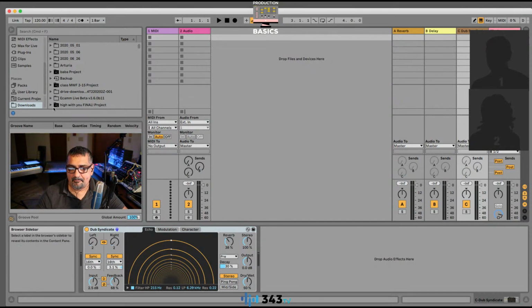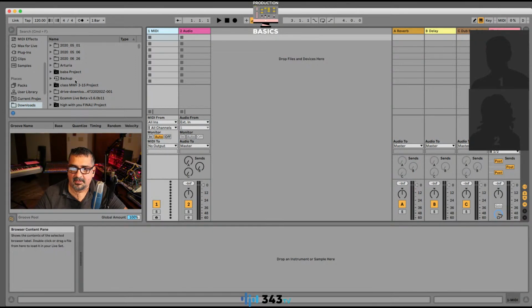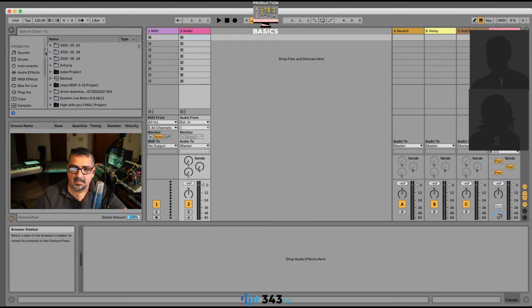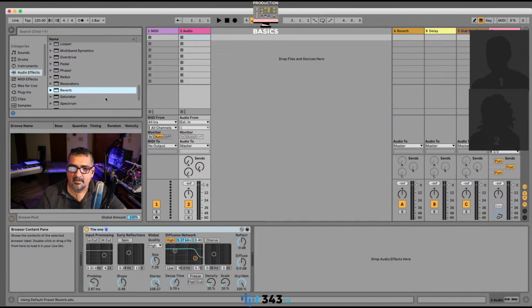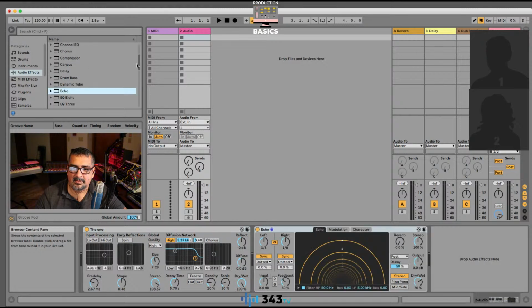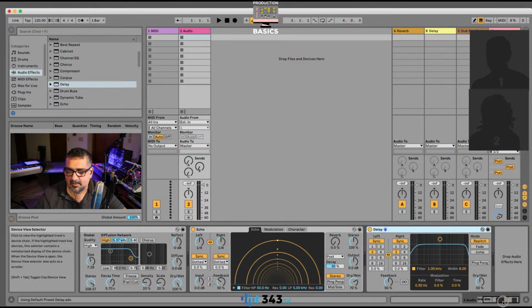Right now I have Ableton's Echo device on there, but let's grab a couple of these things to talk about them. Let's take Ableton's Reverb, then the Echo too, and the Delay, just to see what's happening here.